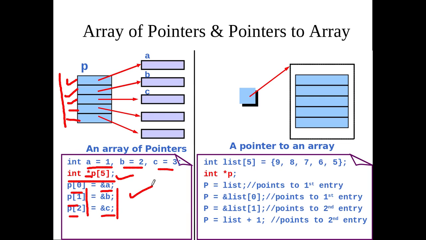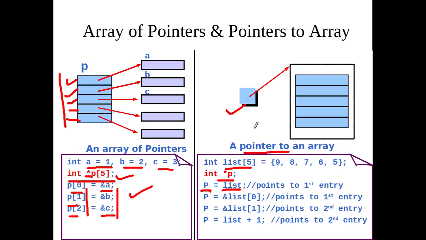On the other hand, a pointer to an array is a single variable that contains the address of the first value of the array. So for example, if we have an array of values list[5], and I have another variable *p that can contain the address of some integer variable, and if I store the address of list into variable p, then I am creating a pointer to an array.